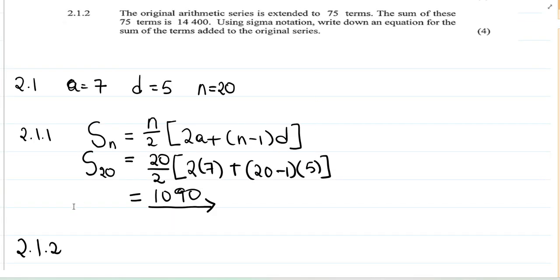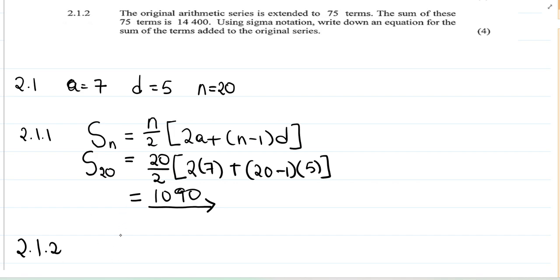Let me read the question once again. The original arithmetic series is extended to 75 terms. The sum of these 75 terms is 14,400. Using sigma notation, write down an equation for the sum of the terms added to the original series.